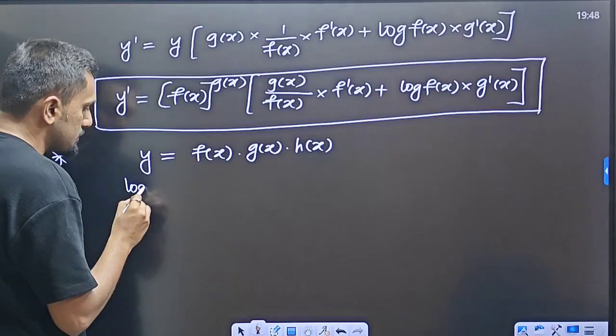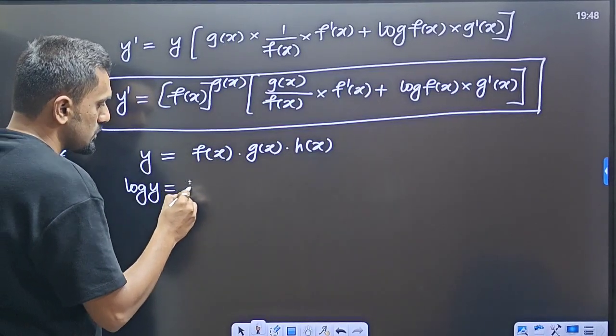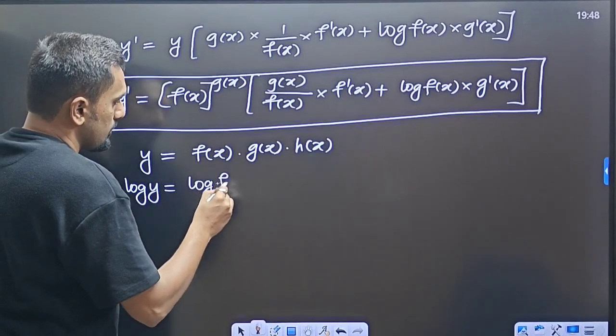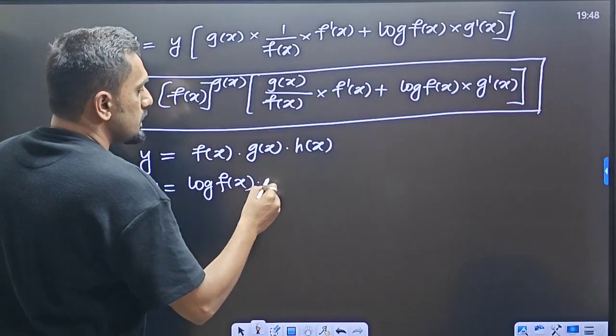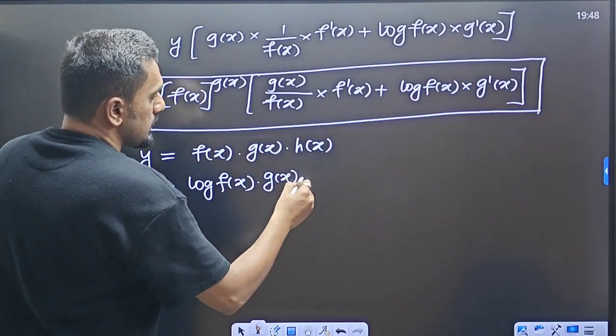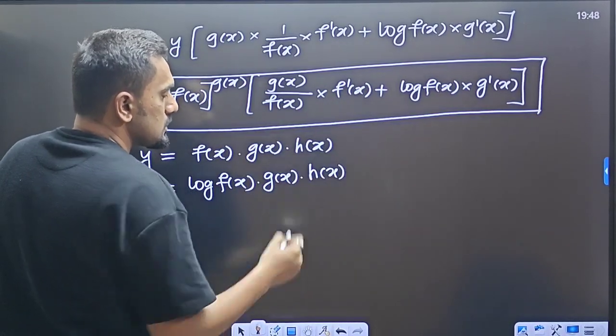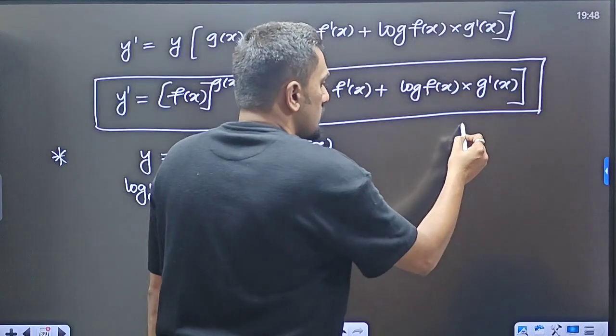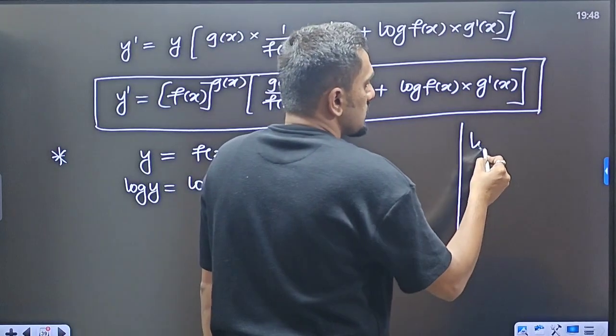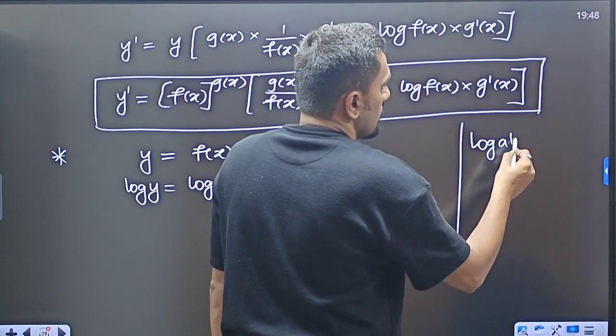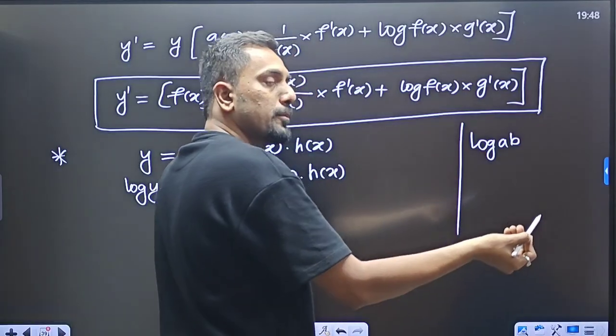After taking, this becomes log y is equal to log of f of x into g of x into h of x. So we know the logarithmic rule as log a into b is equal to log a plus log b.